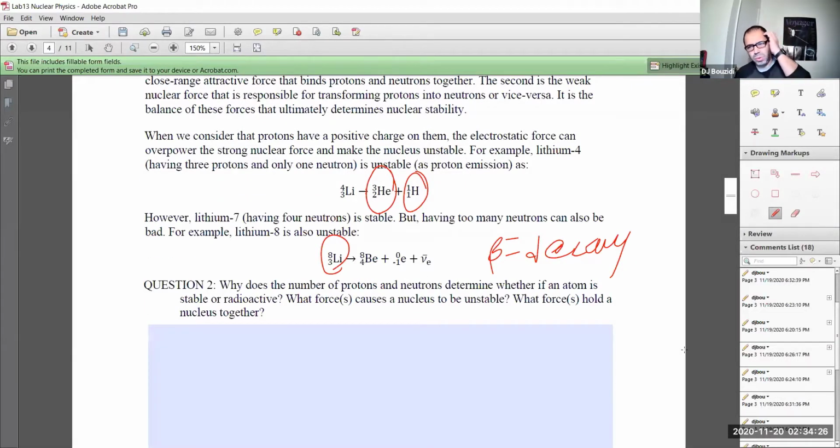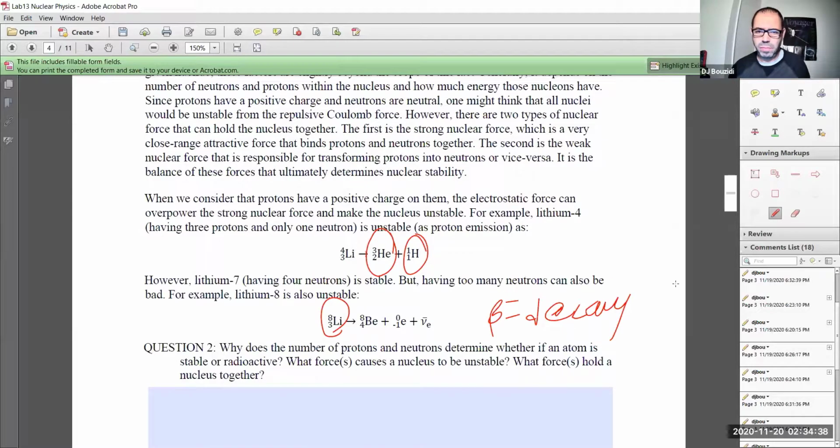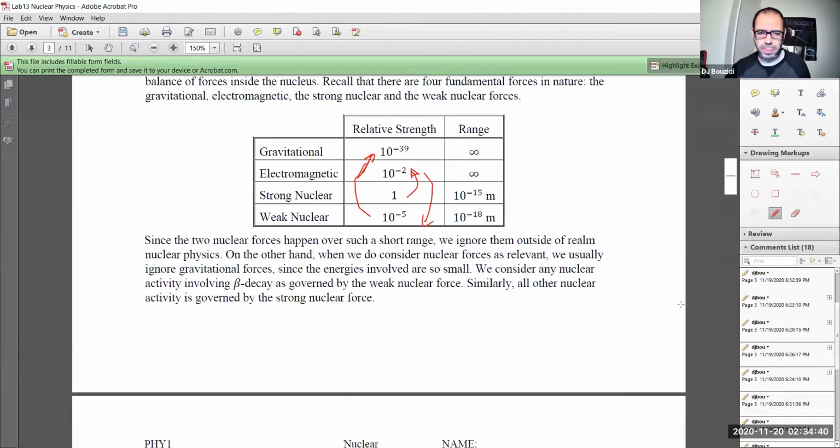Again, the answer to this question is simply to look at this scenario. If you take 2 protons and try to bring them closer to one another, they will repel because of this force. Two protons are both positively charged, so if you bring them next to one another, they will repel because of the electromagnetic force.